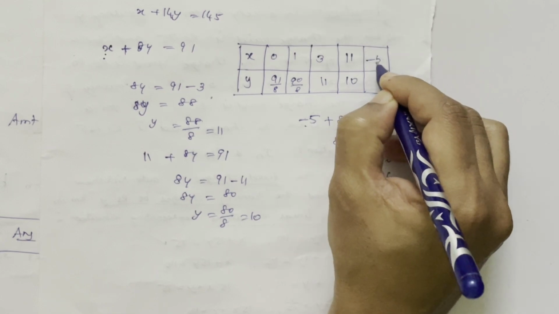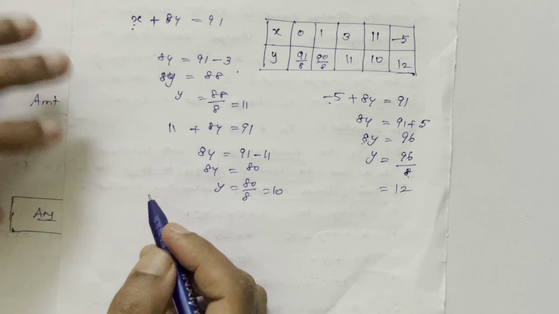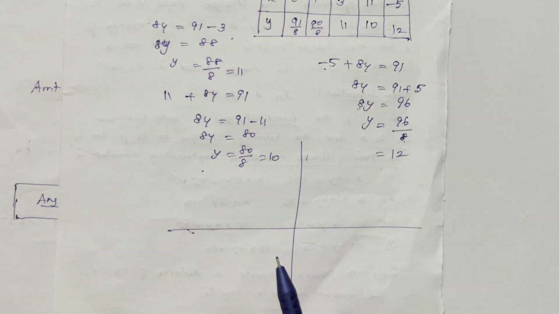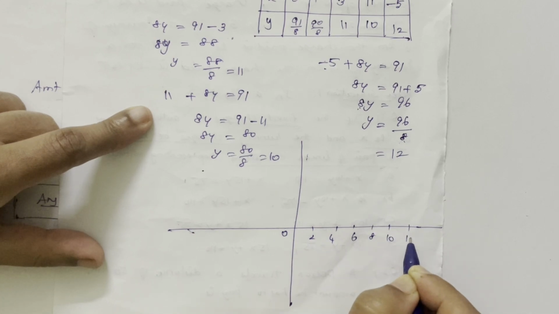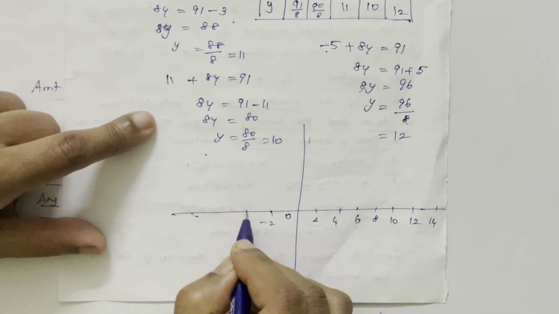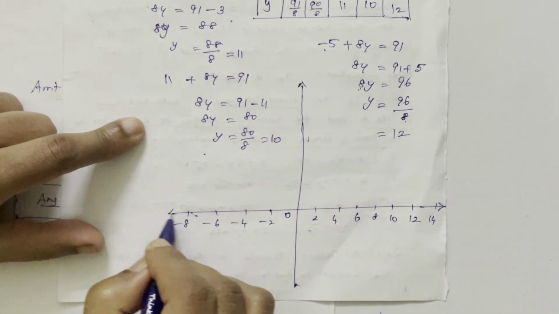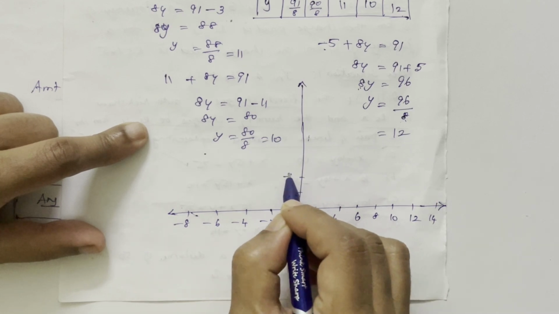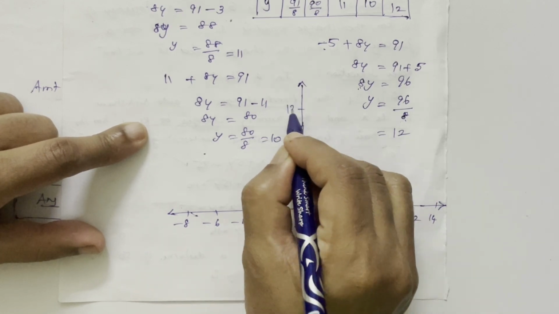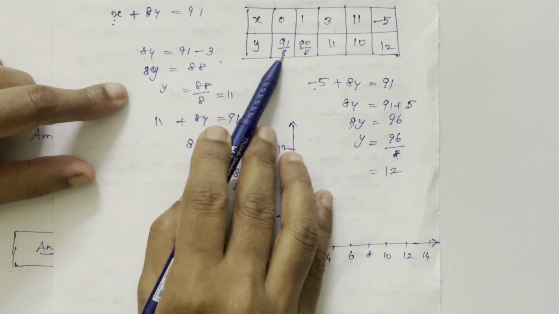When I take minus 5 for x, I am getting 12 for y. We cannot plot the earlier two values because they are fractions.